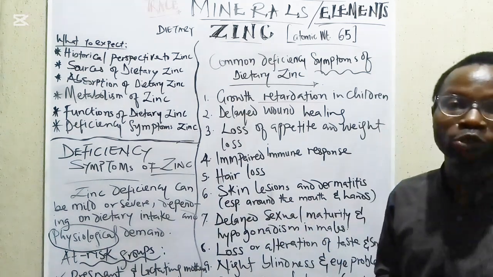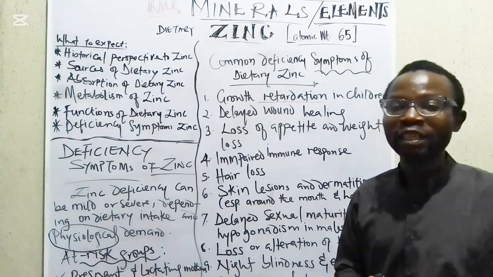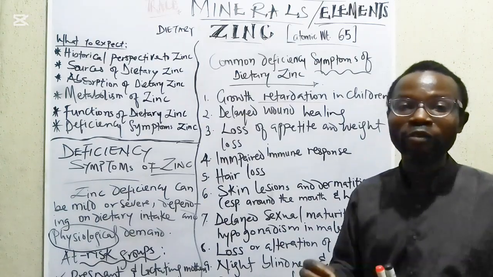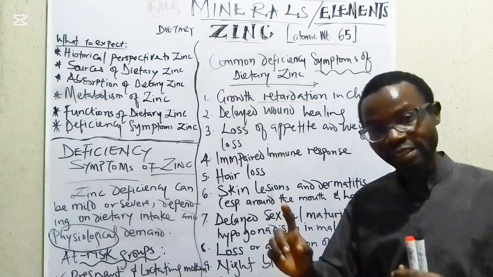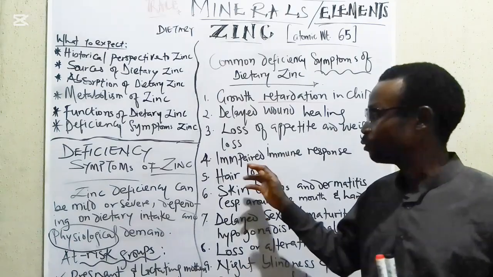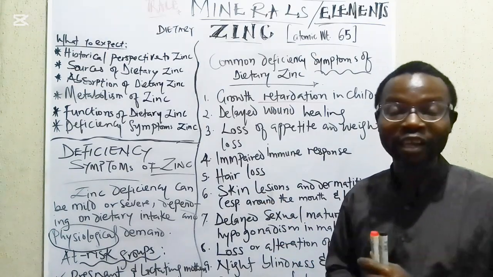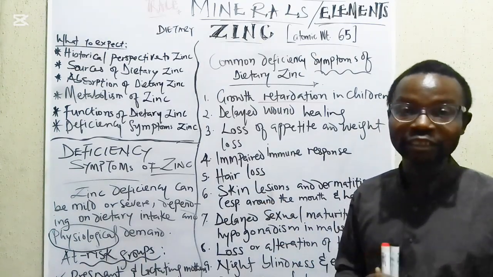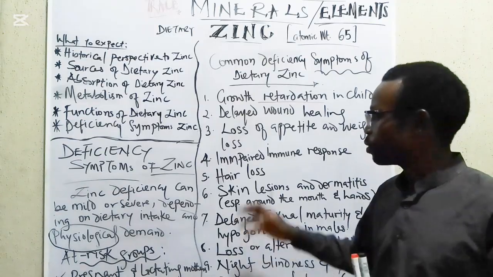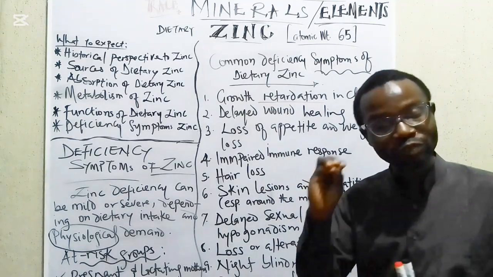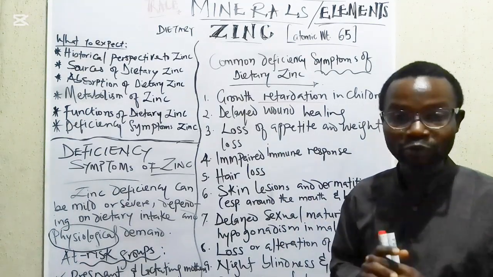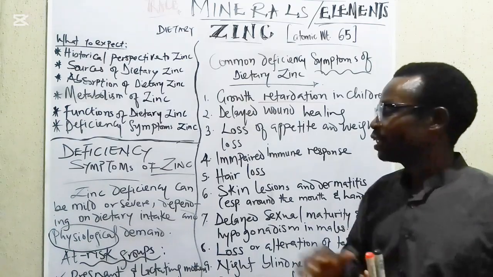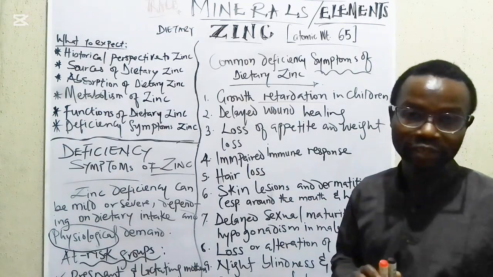Zinc has been found to help or boost the synthesis of certain proteins that help in protecting the body, including RNA synthesis and DNA production. Now, when zinc is not sufficient in a person's food or an animal's food, it also reduces the immune system.